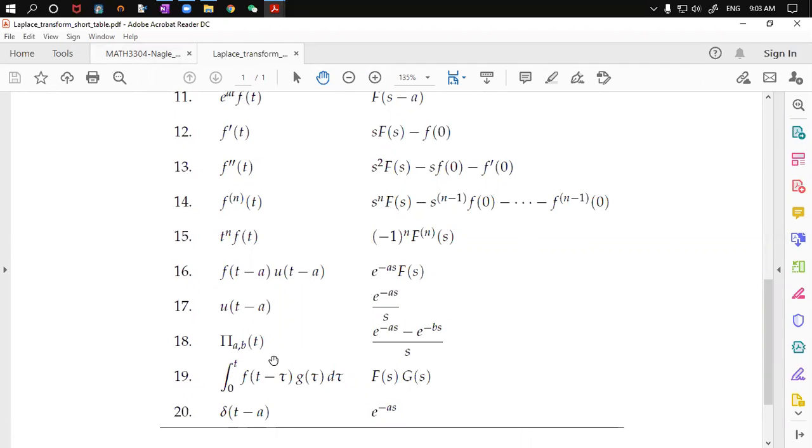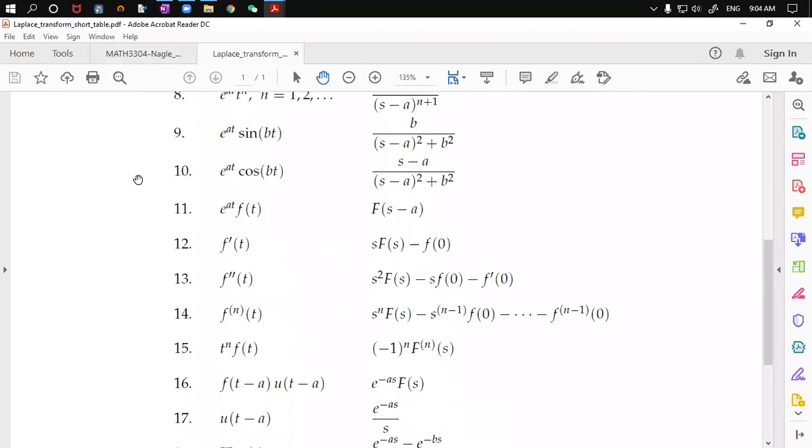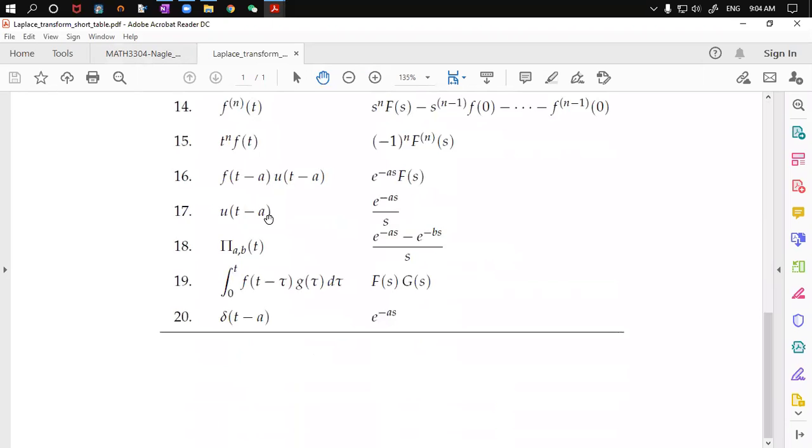For the rest of these few lectures of this chapter, we're going to focus on lines 18, 19, and 20. First of all, it's not clear what this pi ABT does, or what this delta t minus a means. But it's clear what this u t minus a means. The u t minus a is simply a step function, as we have been talking about.